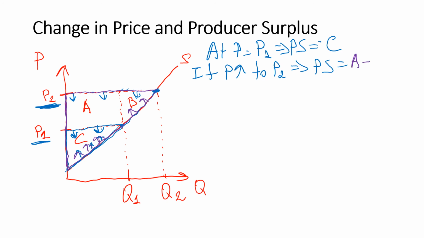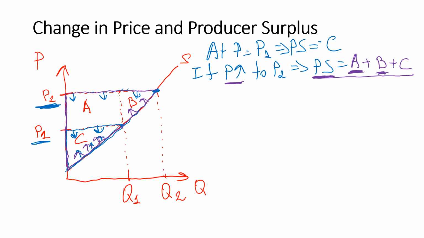It's going to be A plus B plus C. If you look at this, we can conclude that producer surplus has increased when the price of the product is increasing, and we need to pay attention to these two areas, area A and area B. So producer surplus increased by area A and area B.